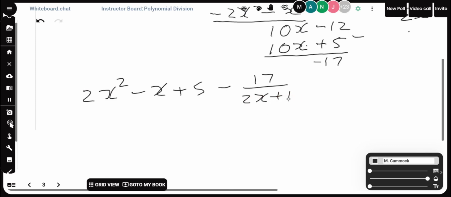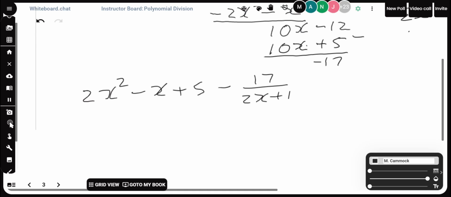That is my quotient form, right? That's just like a mixed fraction: quotient, remainder, over divisor. It's just like when we're taking an improper fraction and making it into a mixed fraction, or the other way around. It's the same principle.